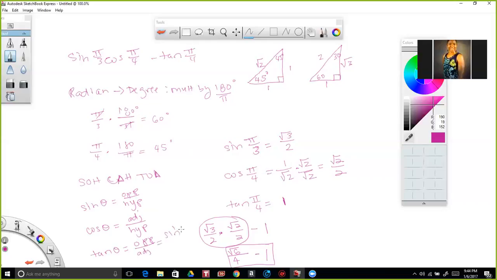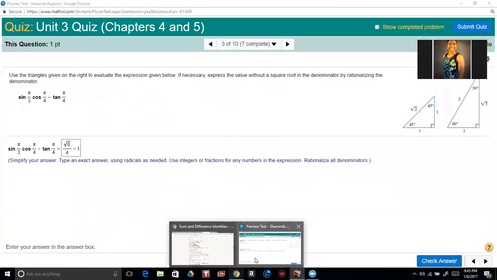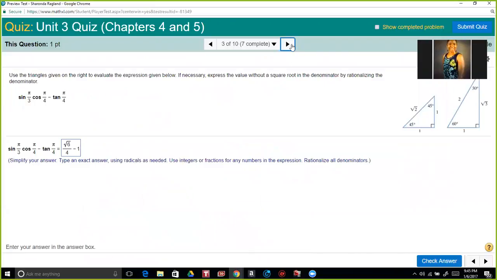Another way is sine over cosine. So these are some of your trig identities. All right, we're going to move on. That's that one.